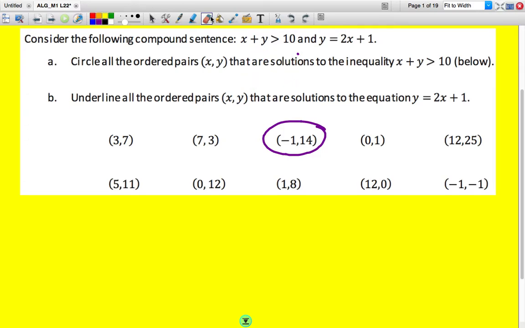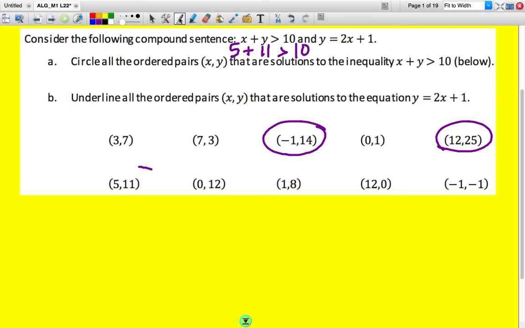The next ordered pair is 0 and 1. 0 plus 1 is greater than 10. That is not true. 12 plus 25 is greater than 10. That is true. 5 plus 11 is greater than 10.